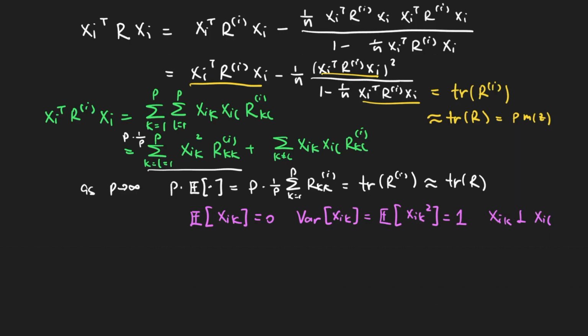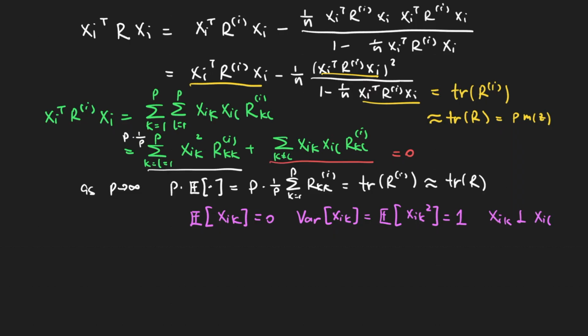Then for the second term, it behaves the same because it's also a sum over many independent random variables. And since the cross entries xik and xil are independent, the expectation of each cross term is 0. And when we sum over many independent random variables, they cancel out on average. So this term approaches 0.